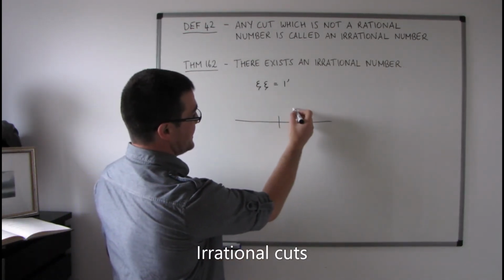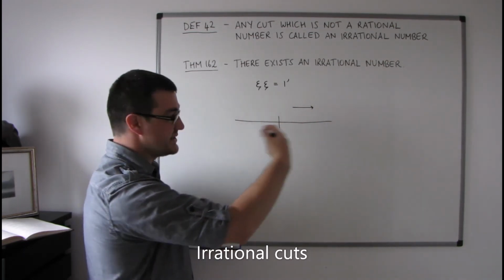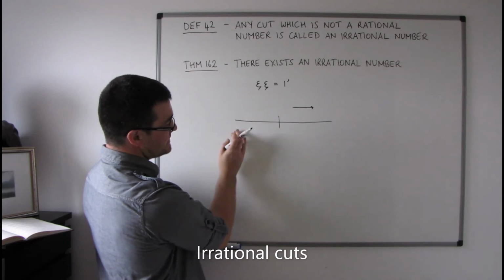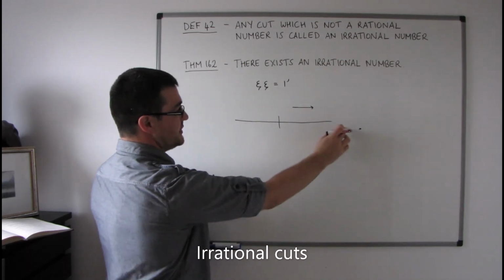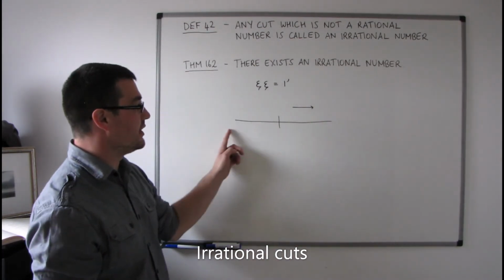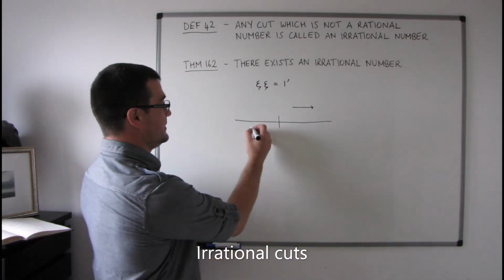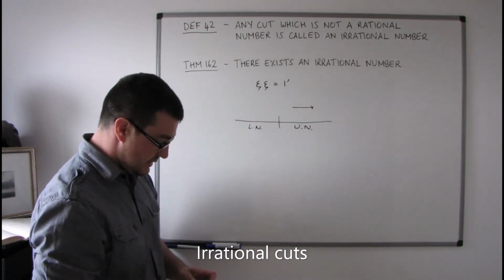This is the direction of increasing value. Down this end you've got all of the numbers in your cut, and up here you've got the upper numbers, and the lower numbers down this side. So lower numbers and upper numbers.